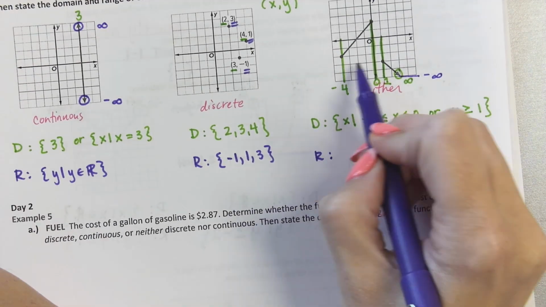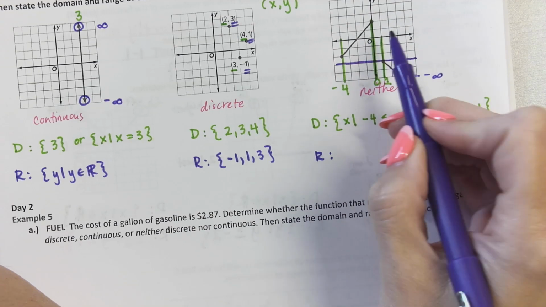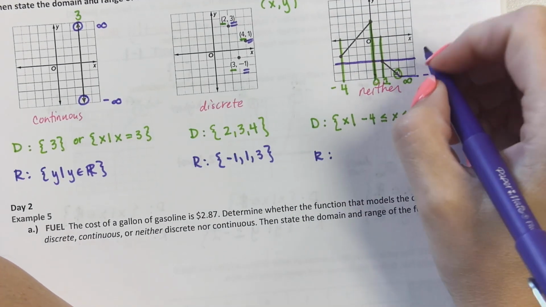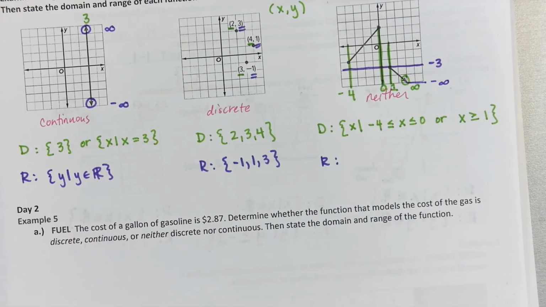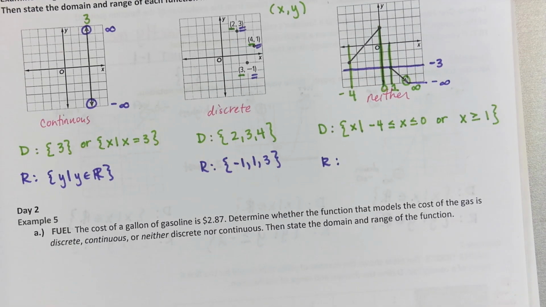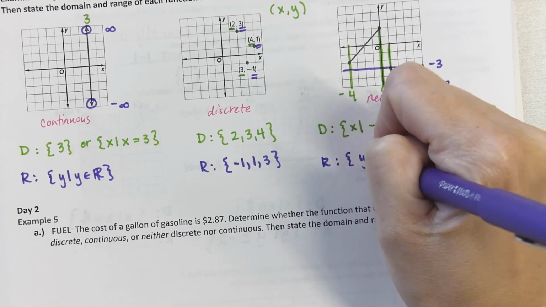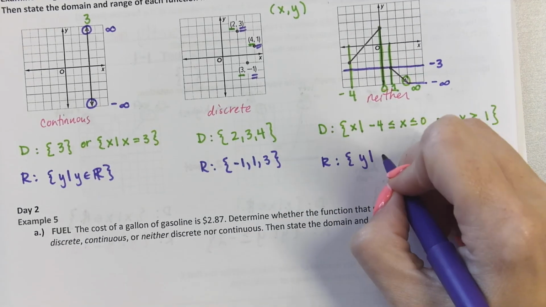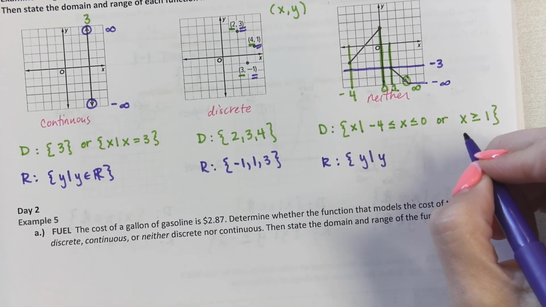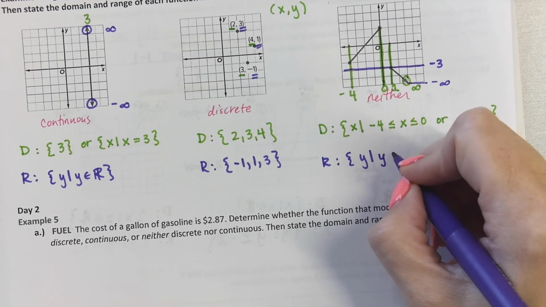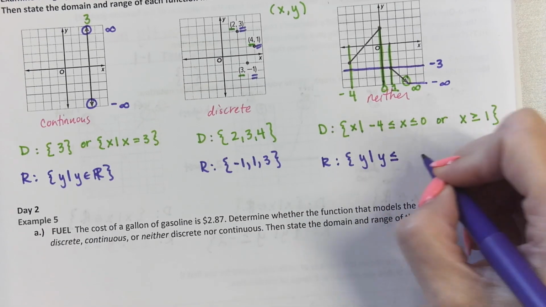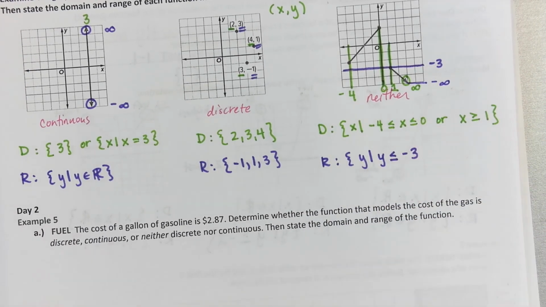So we're going to have to count to see where that is. So we go 1, 2, -3. Okay, so all of these values are below -3. So we're going to do y such that y is, and in this case, it's going to be less than or equal to -3.